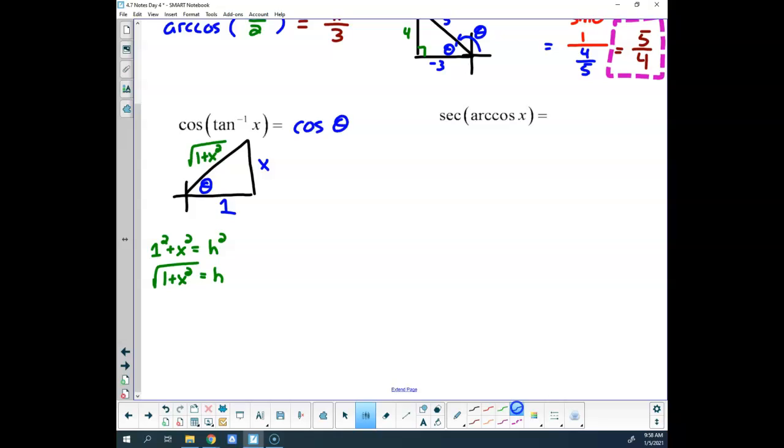So I'm looking for the cosine of theta. Cosine is adjacent over hypotenuse. My adjacent side here is 1. My hypotenuse is the square root of 1 plus x squared. So that is the cosine of the inverse tangent of x.